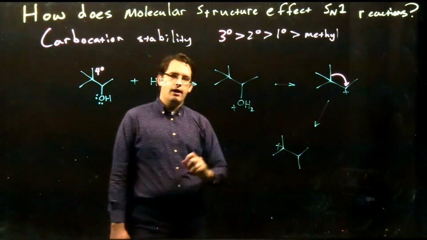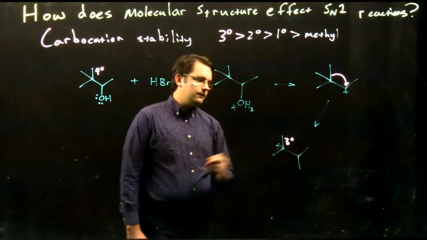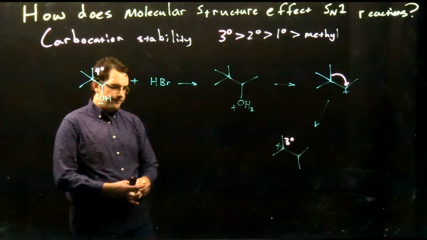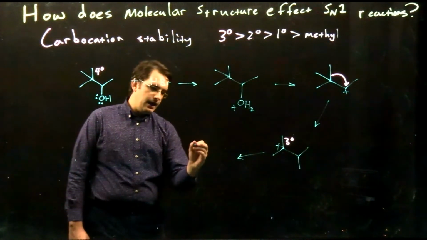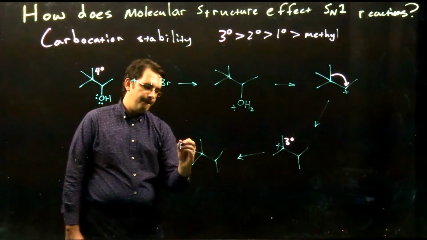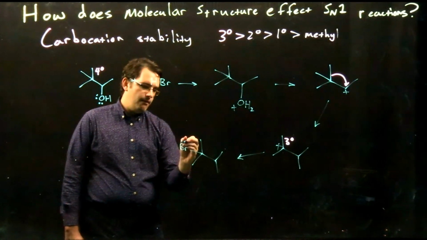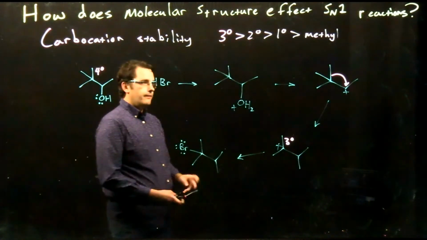That creates our carbocation, but now we have again our more stable tertiary carbocation. This would then lead to our final product once the bromide attacks. And we get now our rearranged product.